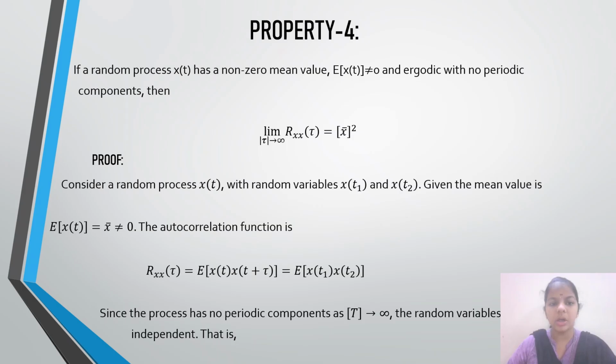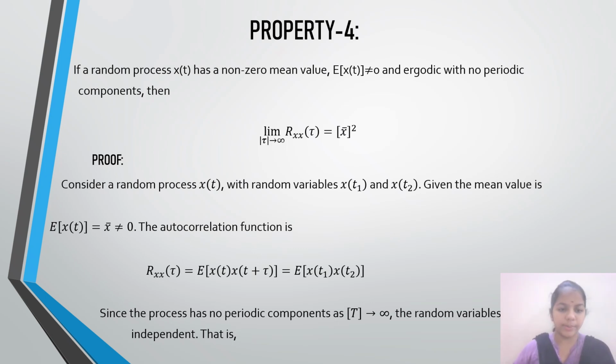Property number 4. If a random process x of t has a non-zero mean value, that is expectation of x of t not equal to 0, and is ergodic with no periodic components, then limit tau tends to infinity, Rxx of tau is equal to x bar whole square.